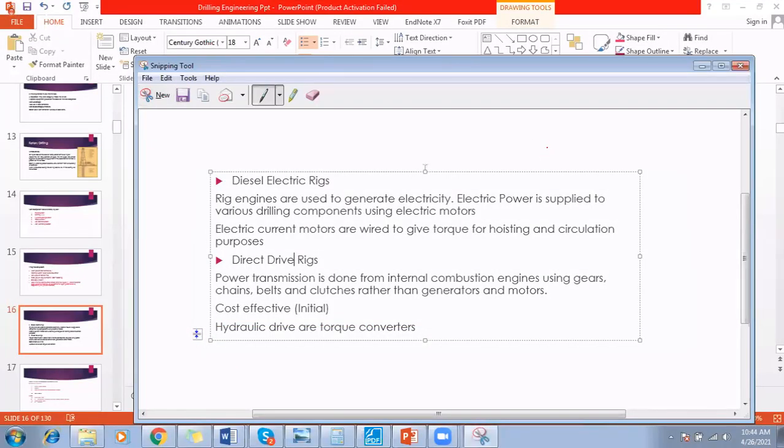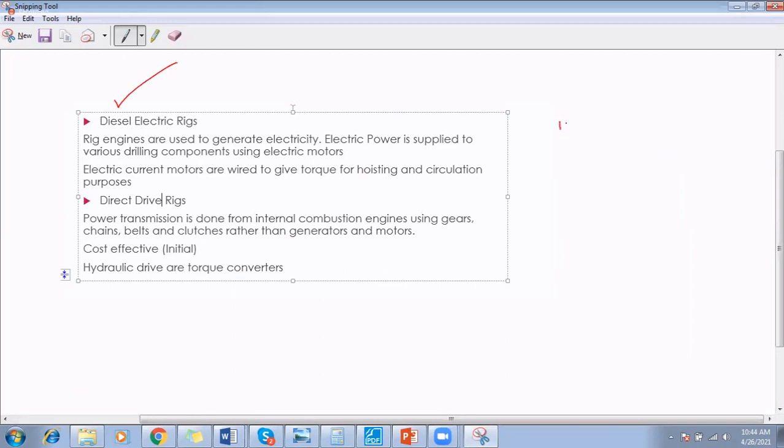I am going to tell you a key point so that you can differentiate the diesel electric rig and the direct drive rig. One of the main components is the electric motors.